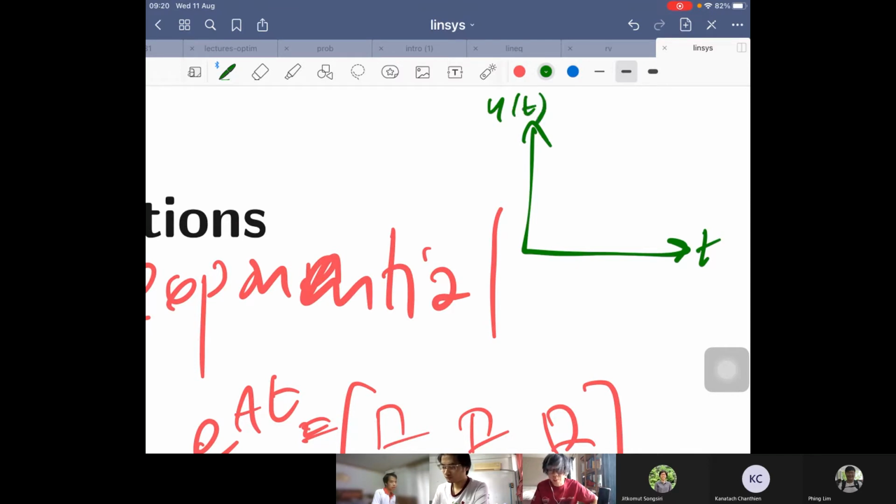The system is stable if the response, as t converges to infinity, the y(t) will converge to a constant value.